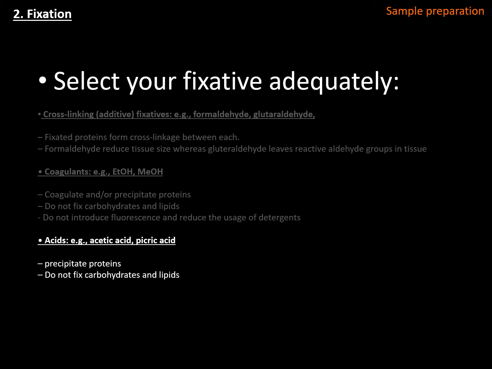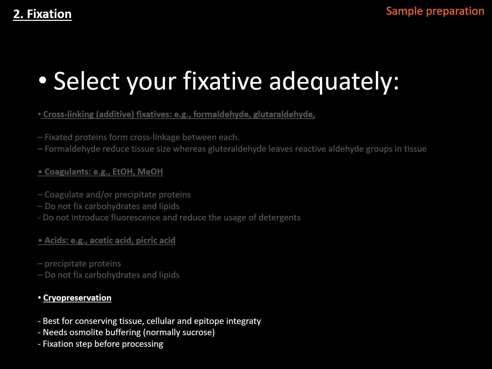Another option is acids like acetic acid or picric acid. They also precipitate proteins and do not fix carbohydrates and lipids. As a last option, you can always use cryopreservation. It's actually the best for conserving tissue, cellular, and epitope integrity.